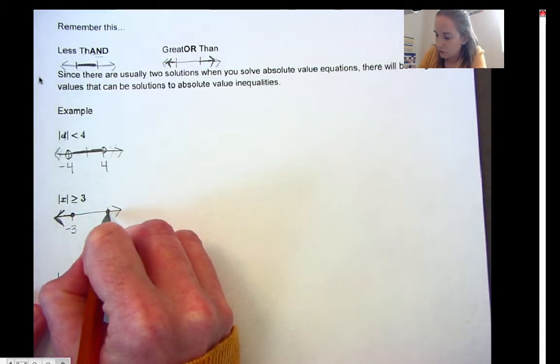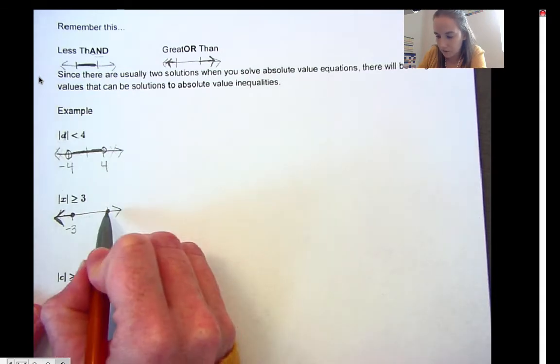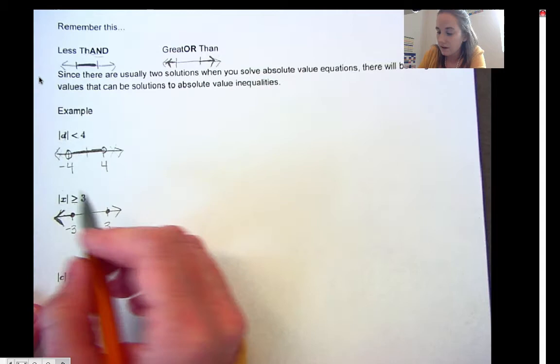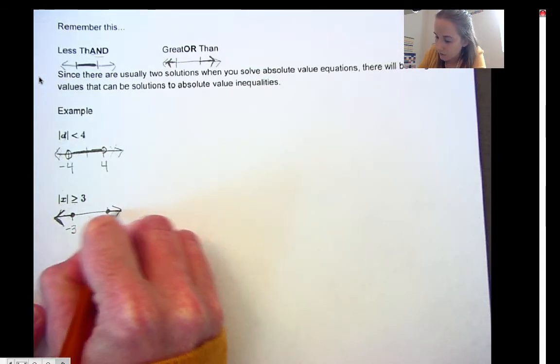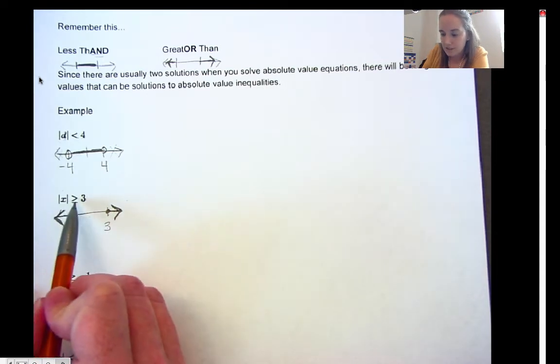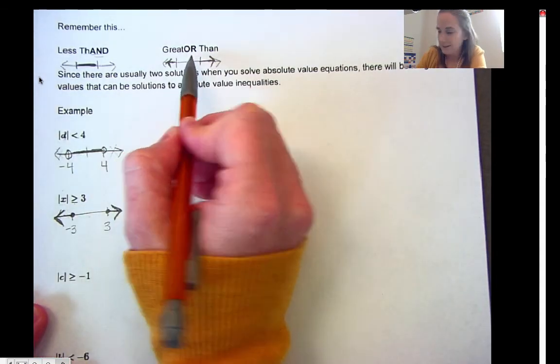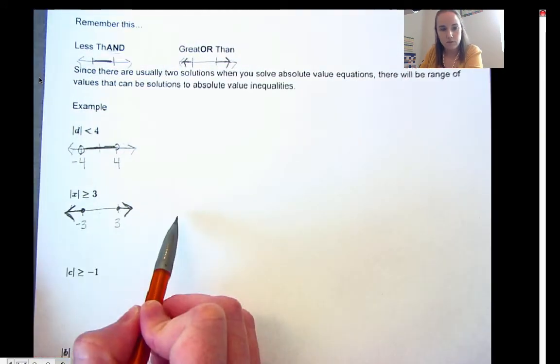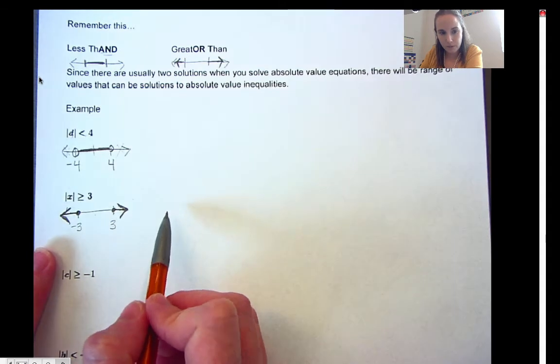And if I tried a number on the right side of positive 3, like 5, the absolute value of 5 is 5, and 5 is greater than 3. So look at this. It says greater, shading away. This symbol, greater than, is going to help me figure out to shade away.